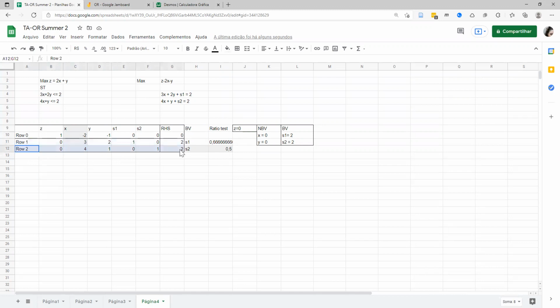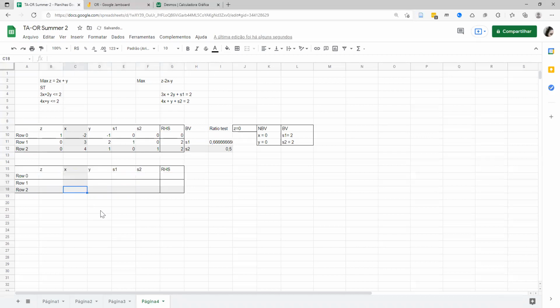First, let me just copy here, it'll be easier. I can just divide this by 4, right? So it's going to be row 2 divided by 4.